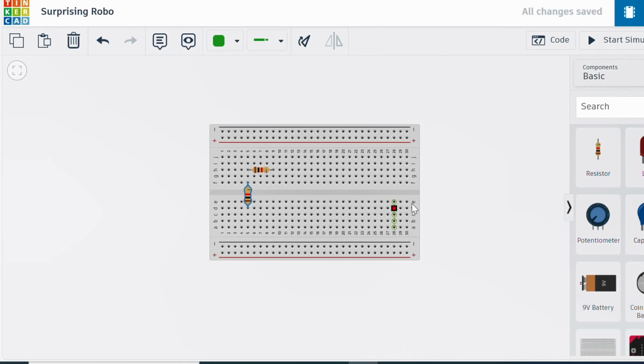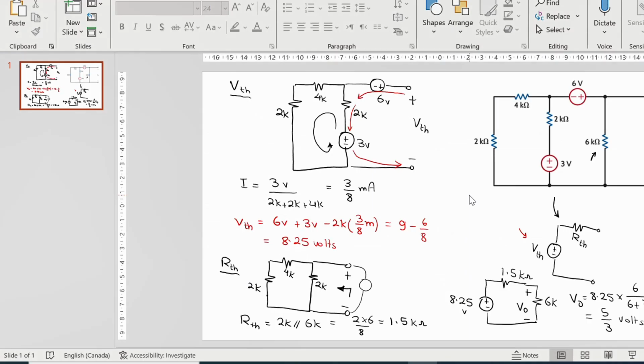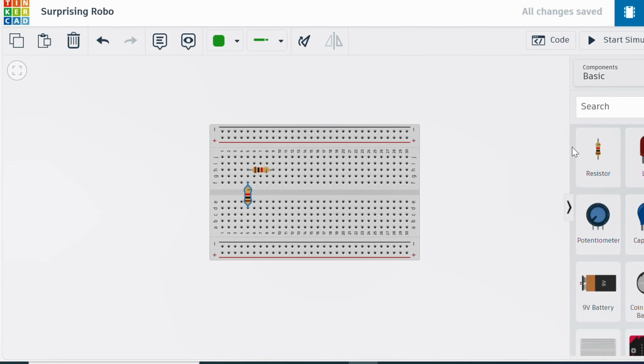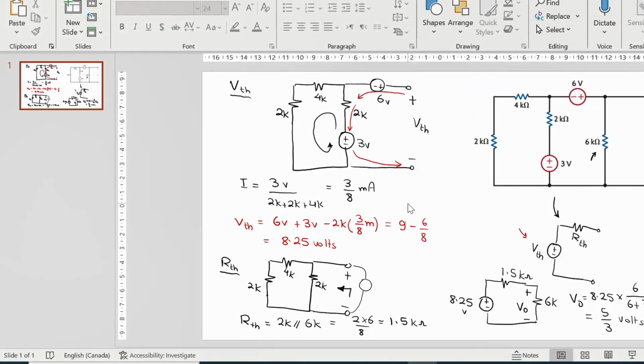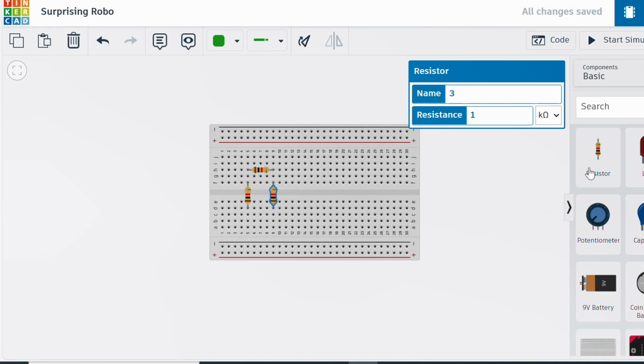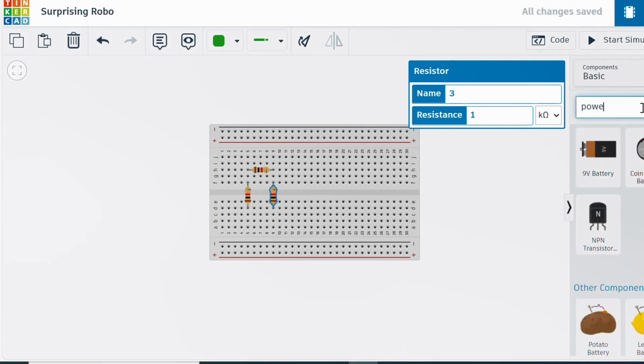Now we have the series connection between two resistors. Next we have another 2K resistor connected with a battery. So here's another resistor, and we will see the voltage source. We can use a power supply for this purpose.